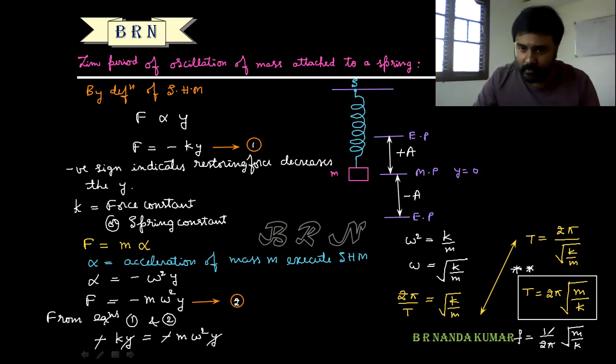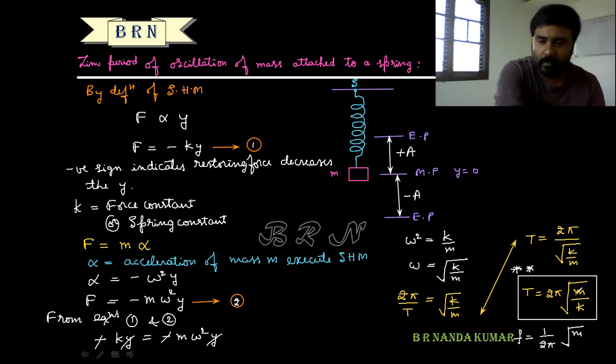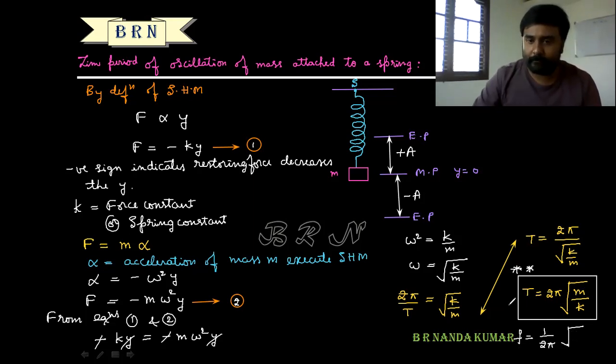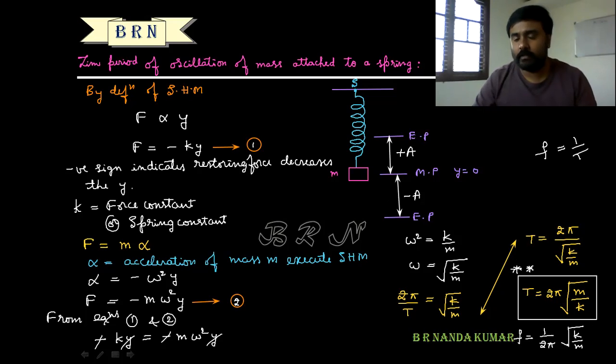So this is actually 1 divided by 2 pi root k by m, because the frequency is nothing but the reciprocal of the time period.